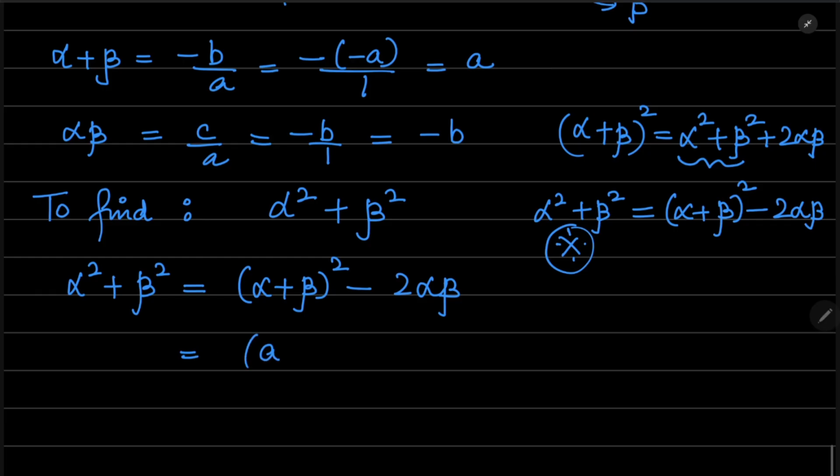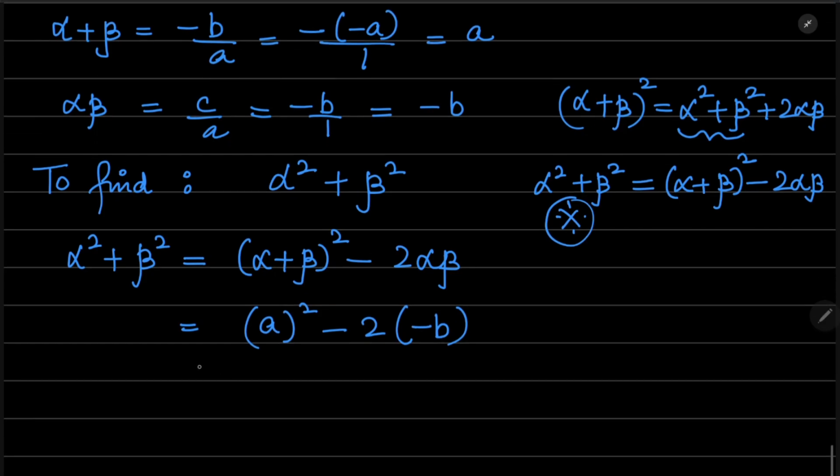It is a square, minus 2 into what is alpha beta? Minus b. So you are getting a square, minus into minus is plus 2b. That's your answer. So in order to do this question, you have to remember this formula: alpha square plus beta square equal to alpha plus beta the whole square minus 2 alpha beta.